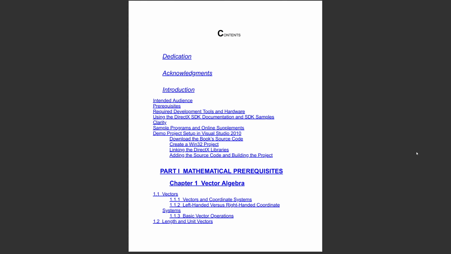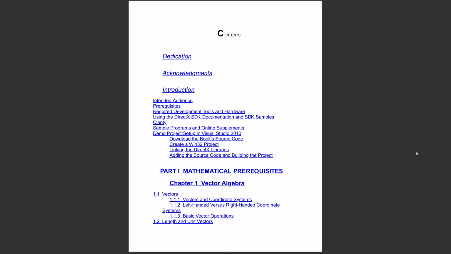This introduction is going to cover the intended audience, the prerequisites most likely to do the code required in the book, the required development tools and hardware. With graphics programming, it is a hardware-dependent sort of programming style, so you will have to have the hardware to leverage the programming that we will be doing. And then we'll be talking about using the DirectX SDK documentation as well as the SDK samples with clarity.